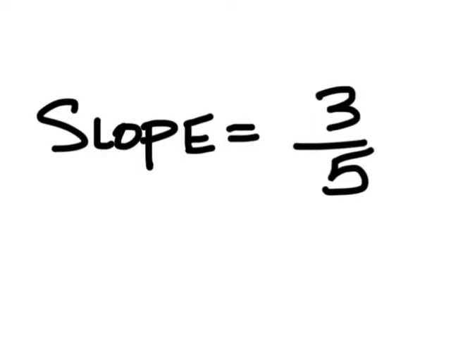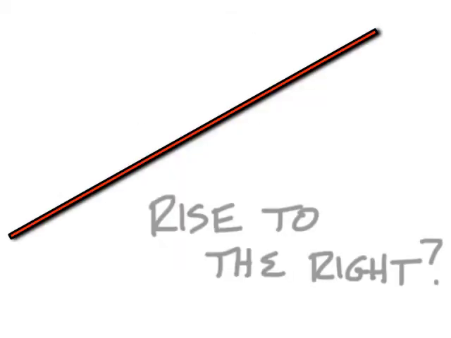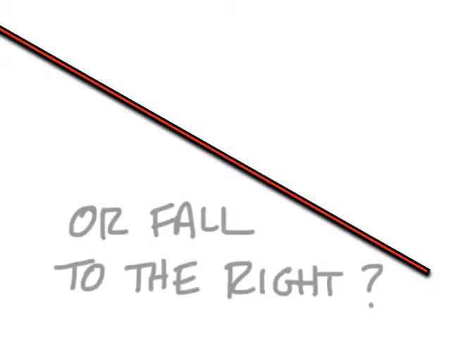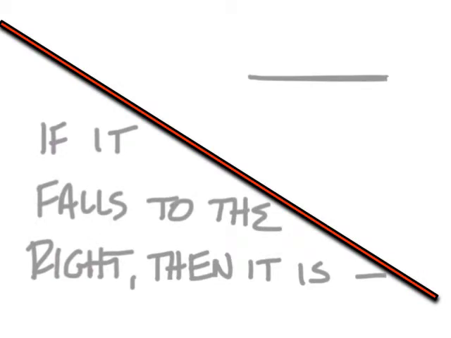Now what should the slope be as a fraction? The slope should be 3 over 5. But before you can go any further, sometimes you have to do something else. Does the line rise to the right, or does it fall to the right? If the line rises to the right like this one, then the slope is positive.